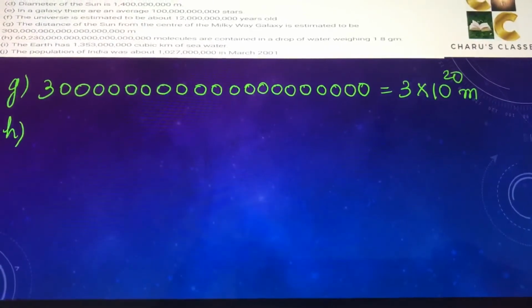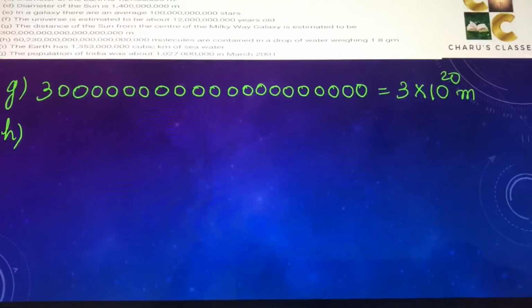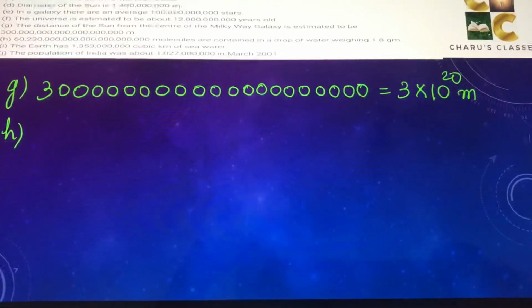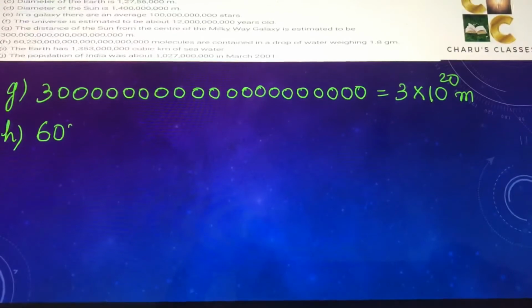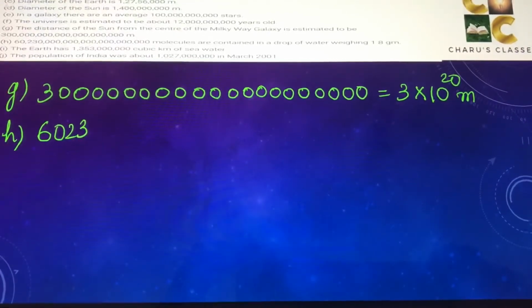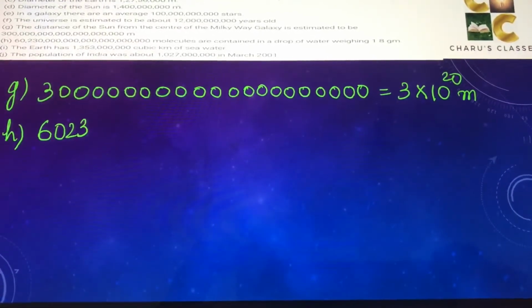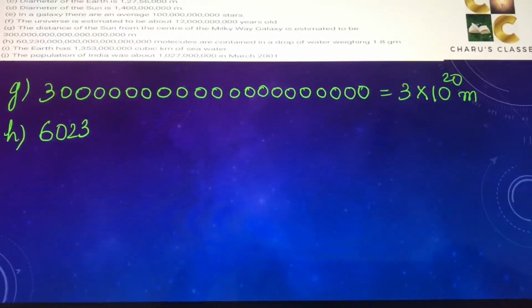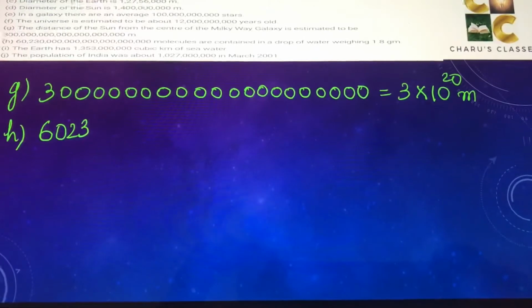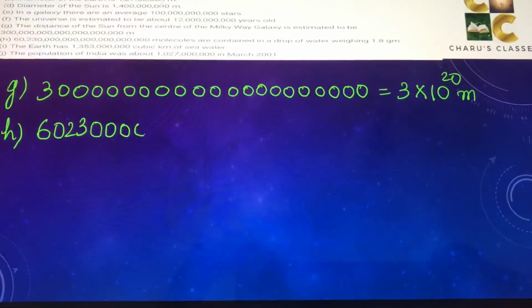H part. These many molecules are contained in a drop of water weighing 1.8 gram. So this number is 6023. And then we have 19 zeros.